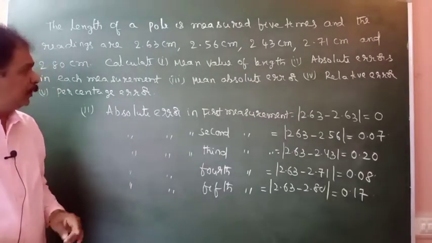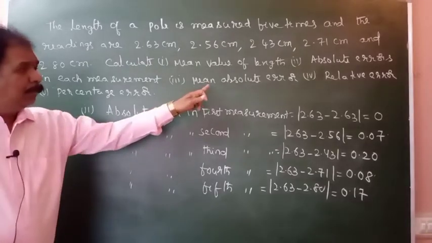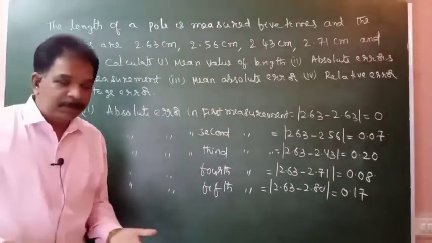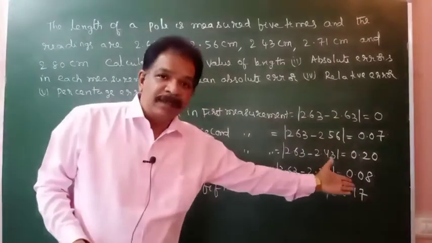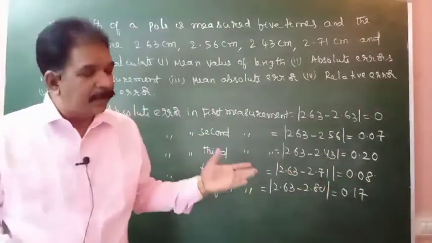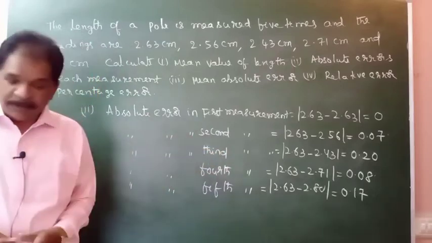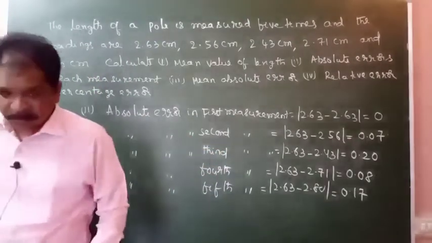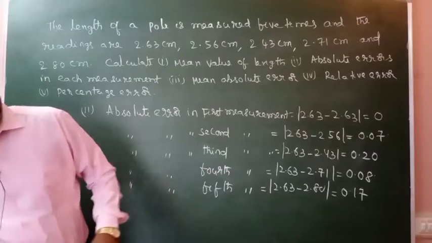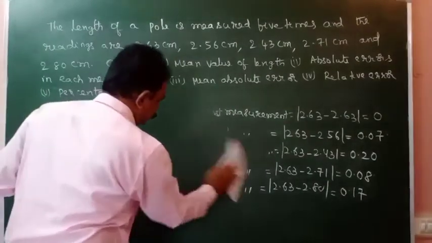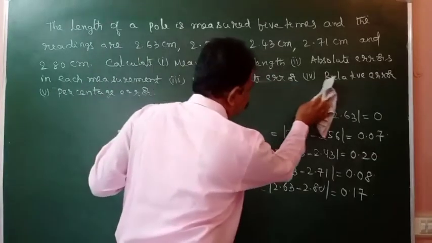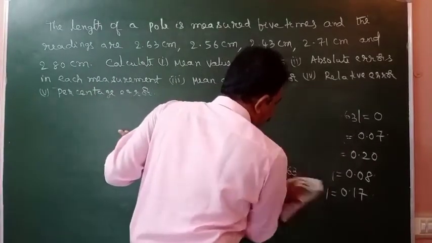Next, the third one they are asking, see, mean absolute error. Mean absolute error means add all the absolute errors and divide by 5, you will get the mean absolute error. Keep these values.